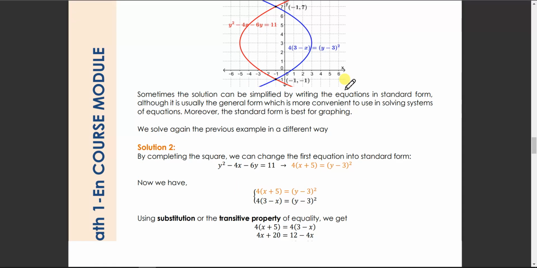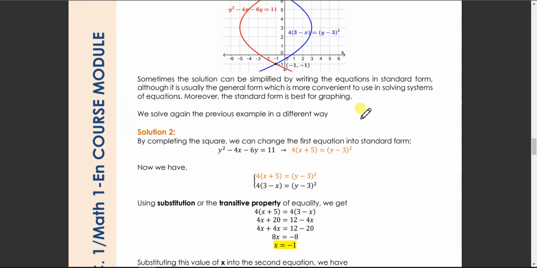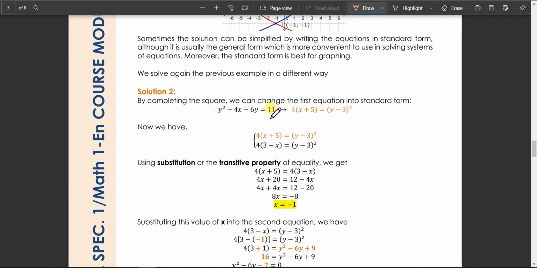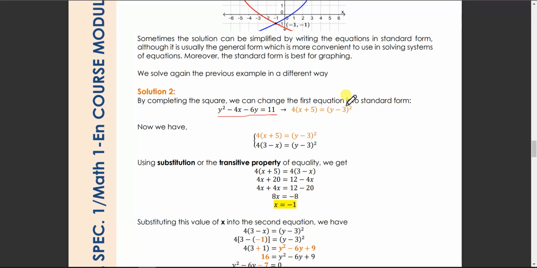So for our second solution, we are going to solve it again, but this time we are going to change the first equation into standard form. So this is the first equation, which is in general form. To solve it by standard form, I already told you how to do that, right? You group all the y terms and all the x terms. The rule is that the coefficient of y should be 1, then the coefficient of x is divided by 2, then squared.